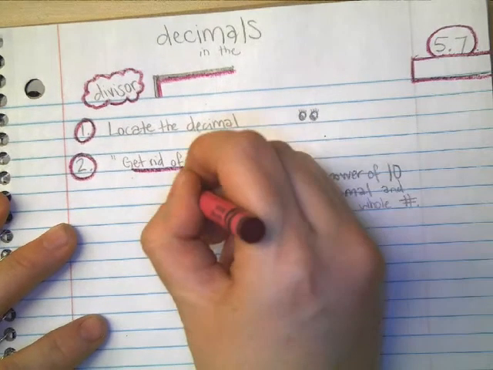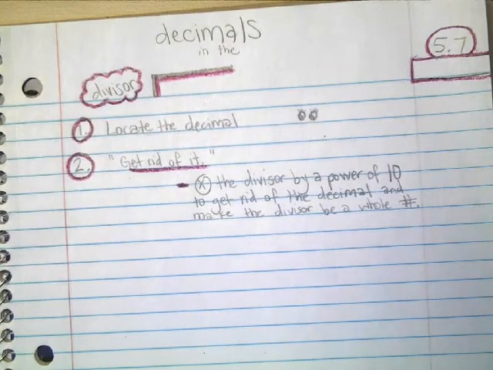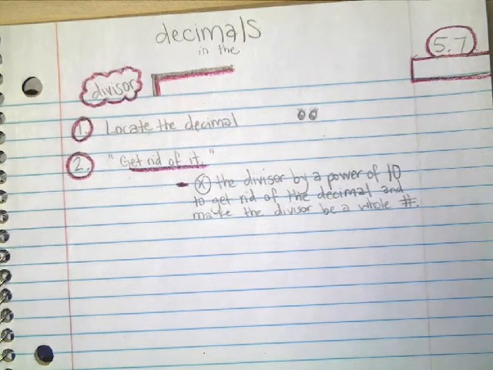So again, multiply the divisor by a power of 10 to get rid of the decimal and make the divisor be a whole number.